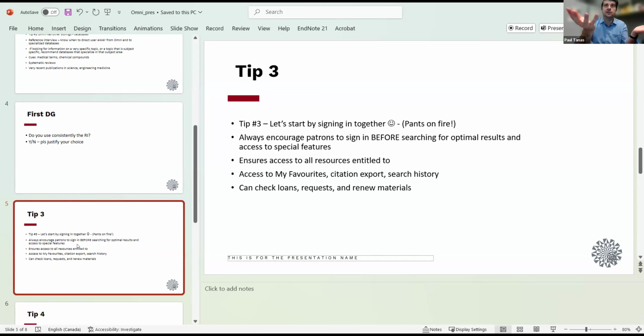My computer crashed. I was doing it on my boyfriend's computer, and now I don't have access to those searches and that information. Spare yourself the hassle and ask them to do it together. It's always a very good idea to teach them that reflex.